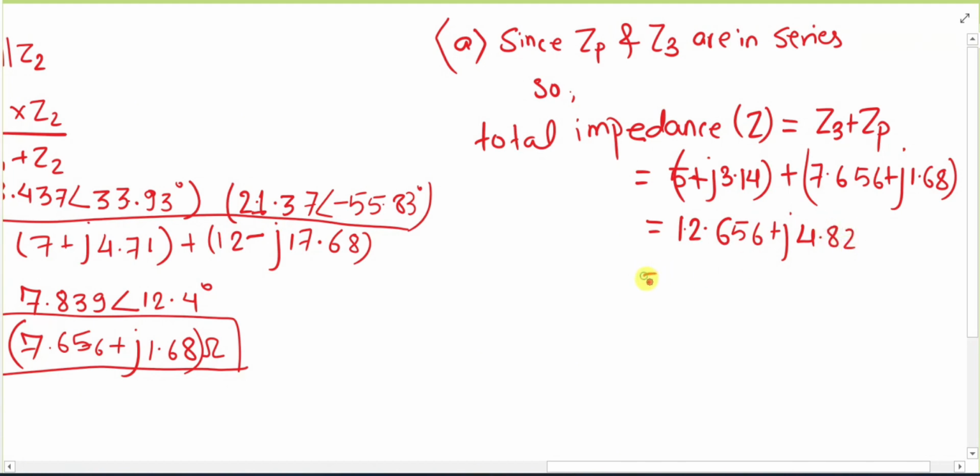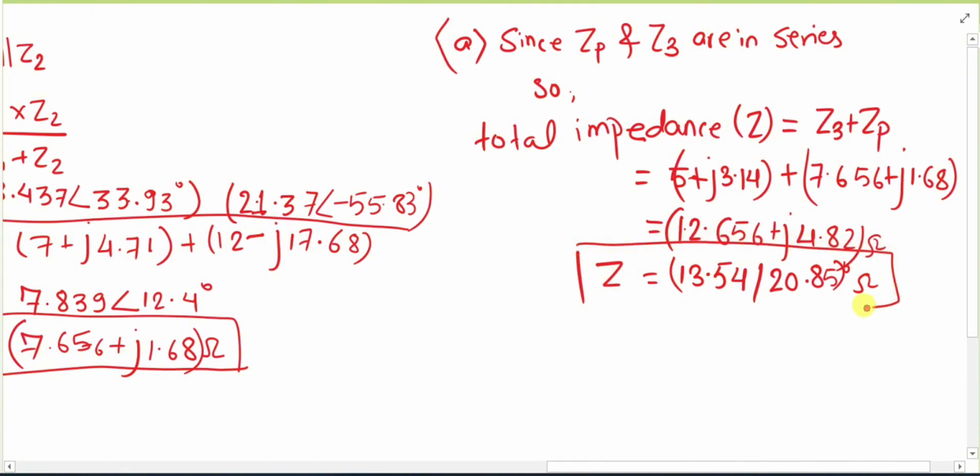Now you can convert this into angular form as well: 13.54 angle 20.85 degree. These are impedance, so write their units. That's how you can identify the total impedance. This one is our first answer, answer 1.